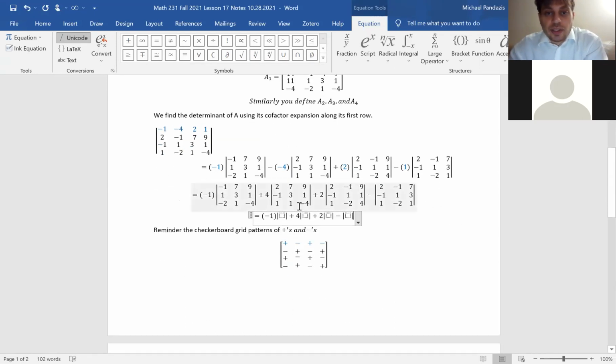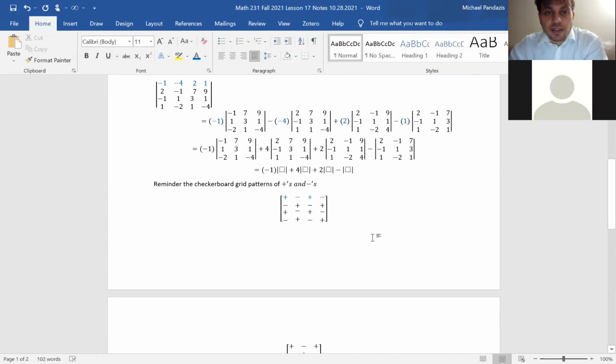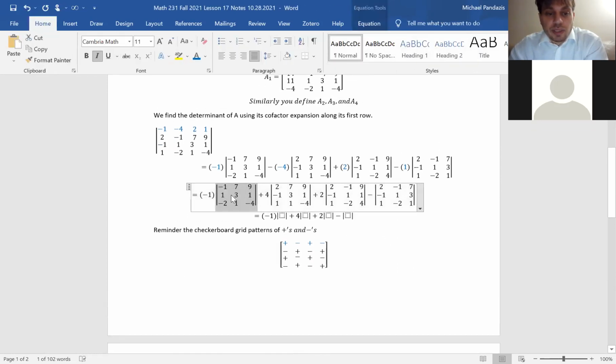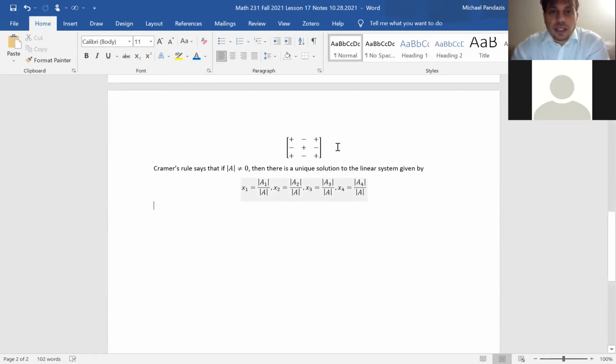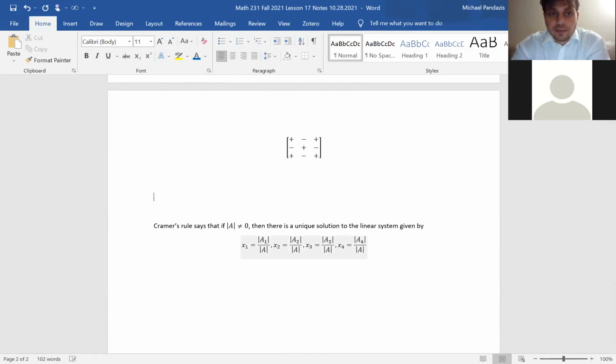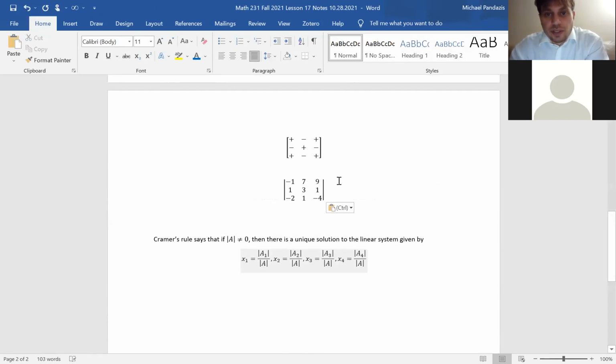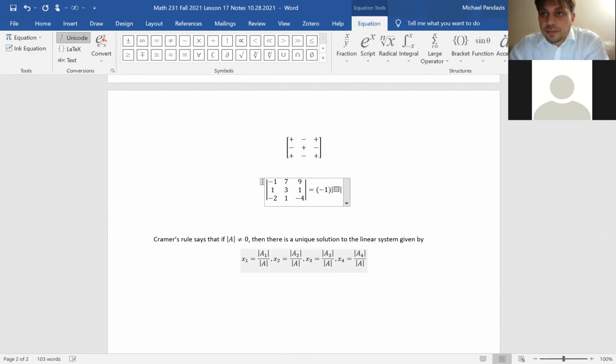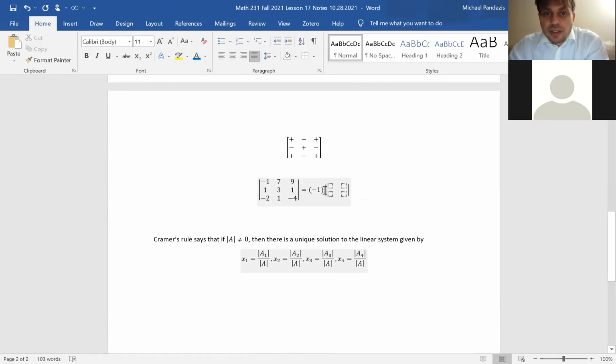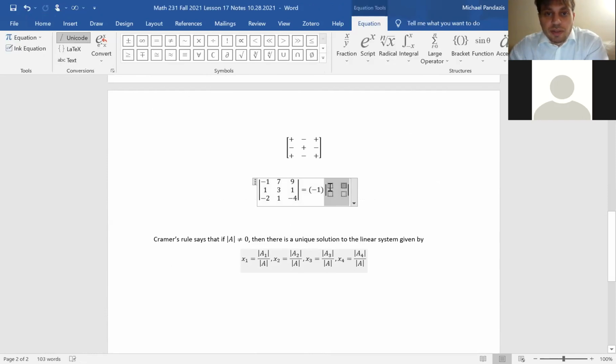Okay, so you calculate each determinant and you plug those values in there. So this determinant is then equal to, so I'm going to try to do this quickly so that we can move on. So now this is just a regular determinant of a 3 by 3 matrix.